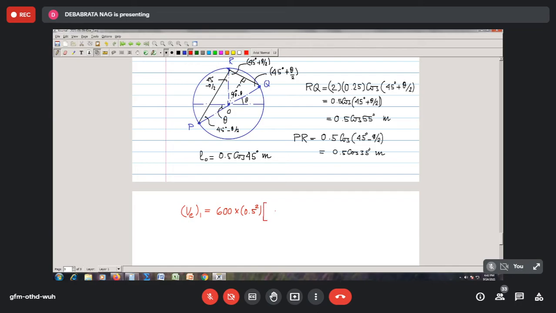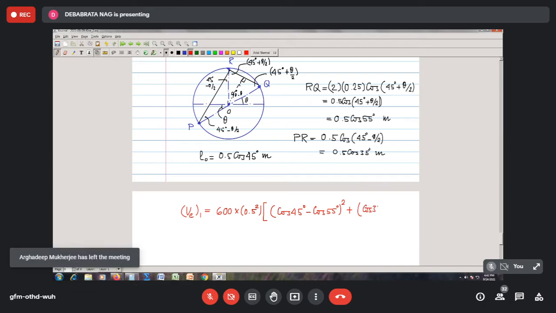It will be how much? It will be, you see, cos 45 degree minus cos 55 degree square plus it will be cos 35 degree.